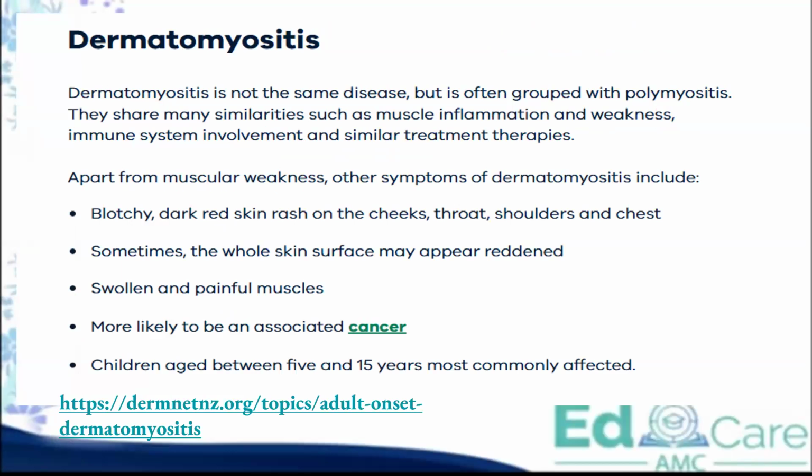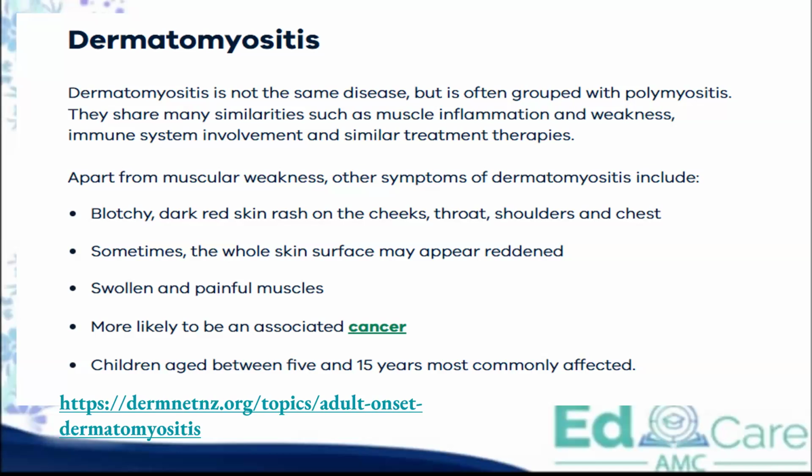So then dermatomyositis, like the name suggests, it is a myositis. Yes, it affects the muscles just like in polymyositis, right? But there's an additional skin related component to this, right?